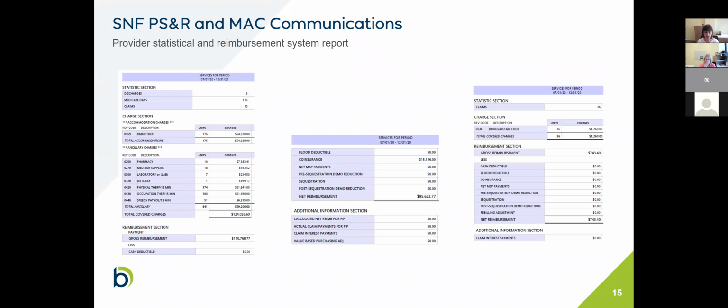Unfortunately, quite a number of facilities have experienced turnover, and the person who has access to requesting those PSNR reports may not be in your facility any longer.